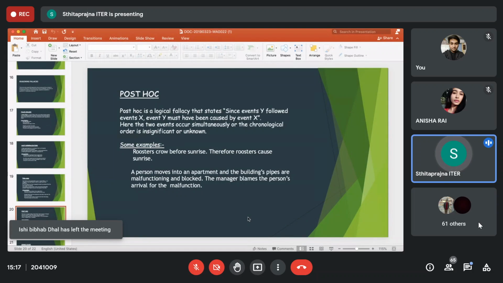So when we say roosters crow before sunrise, therefore roosters cause sunrise. Or a person moves into an apartment and the building's pipes are malfunctioning and blocked, so the manager blames the person's arrival for the malfunction. Something happens and something else also has happened, so we correlate them. If something bad happens to you and simultaneously you also see an ill omen, you believe that it is because of this omen that I see. Maybe there's something bad that has happened to me.